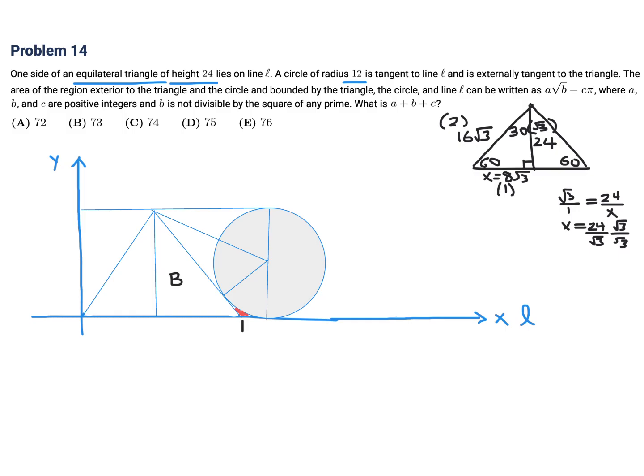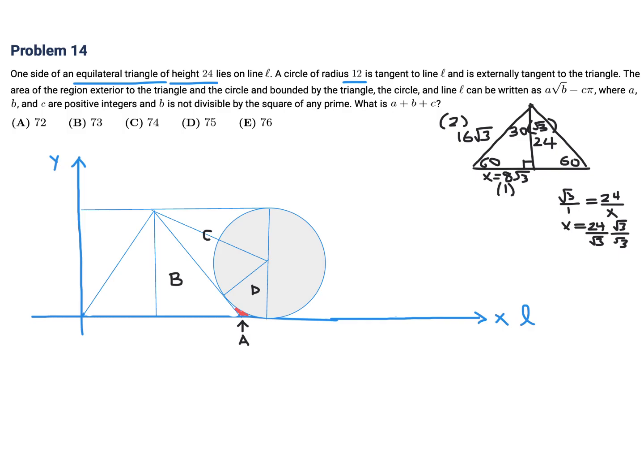Now I'm going to call this B. This red area that we are interested in, I'll call that A. And this sector I will call D. And then this whole thing I'll call C. Now if you're wondering what is C, it's everything else in that rectangle. You see that rectangle?